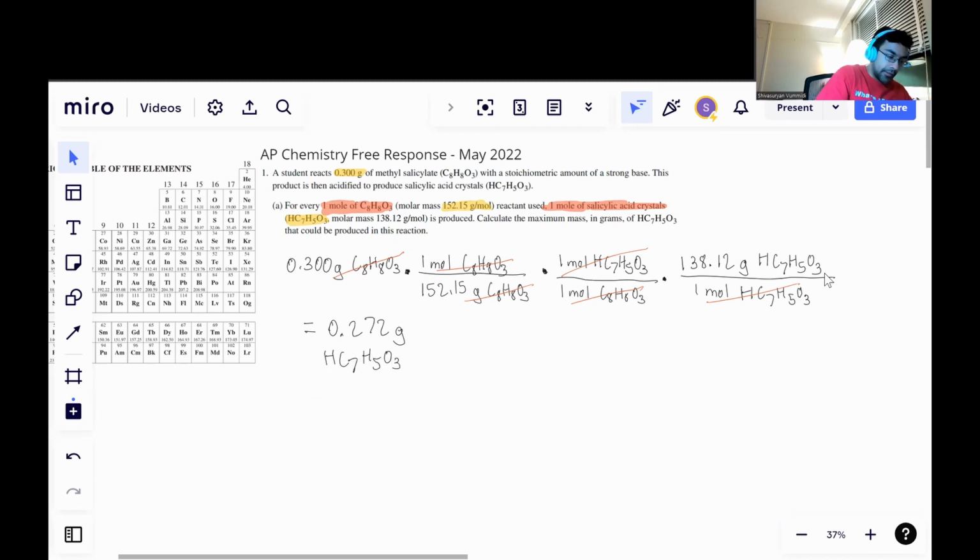And that would be your answer. Why would I round it to this much? Because notice how we have 3 significant figures for 0.300 grams, meaning our final answer has to have 3 sig figs, especially because all the other numbers given have 5 sig figs. We keep the lowest, so this is how you would write your final answer.